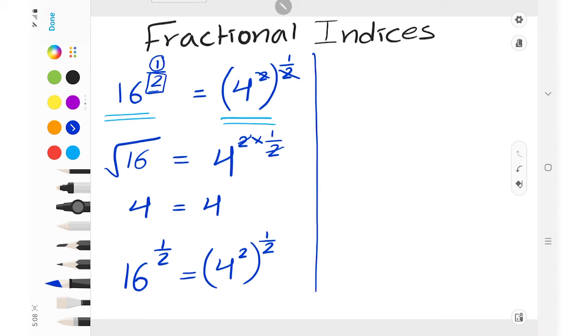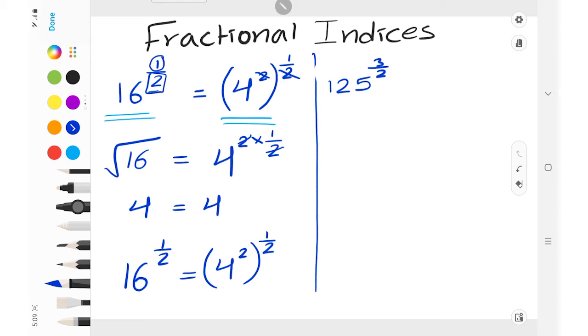I want to show you another one. Say I have 125 to the power 2 over 3. Here I don't have 1 on top, I have 2 over 3.